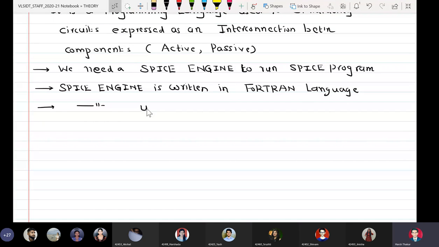The SPICE engine uses nodal analysis to find V and I in a circuit. SPICE is a concurrent language.